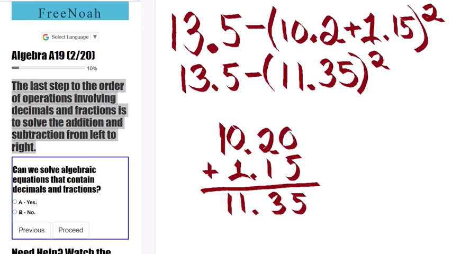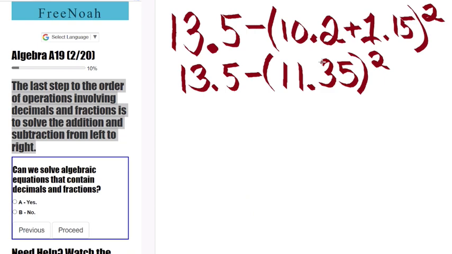So now we're going to square 11 and 35/100. So it's 11 and 35/100 times 11 and 35/100. Let's begin the multiplication here. Let's do it vertically.